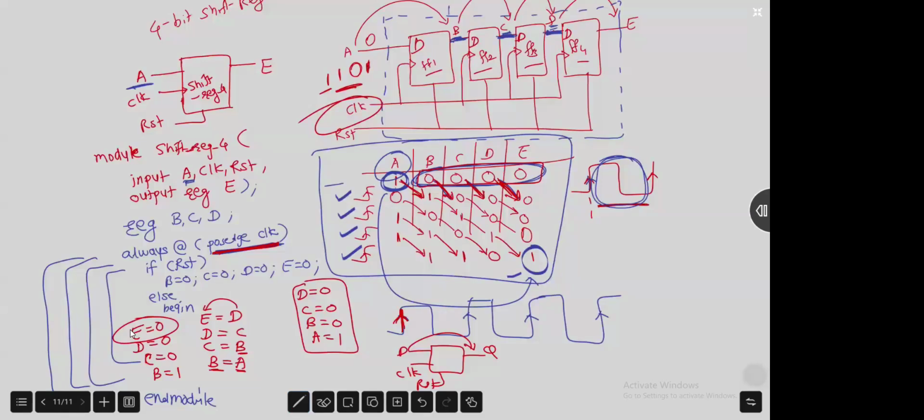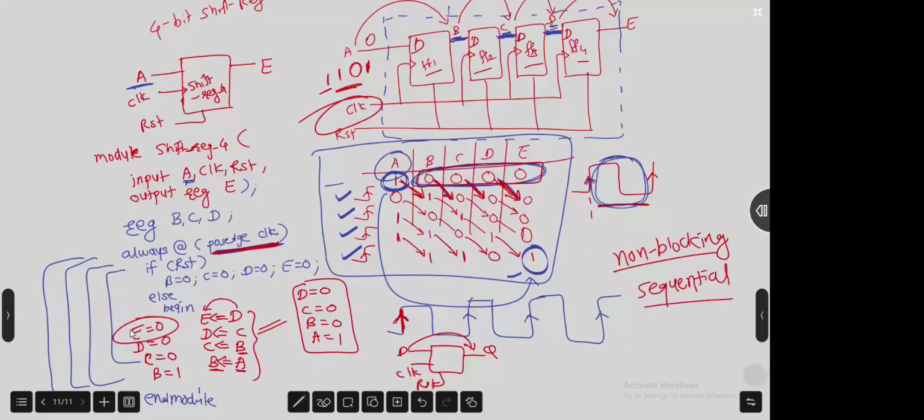Thank you. If you forget their sequence, just use non-blocking. Whatever your sequence is, there is no problem; you just have to use non-blocking, so it becomes your shift register. If it has blocking assignment statements, all the statements are executed sequentially, step by step. That's why we are using non-blocking assignment statements for sequential design. Are you getting this concept? If you have blocking assignment statements, then we have to check them step by step.